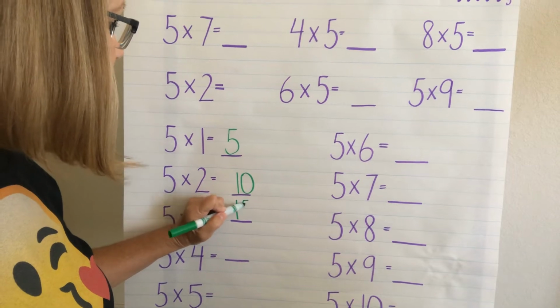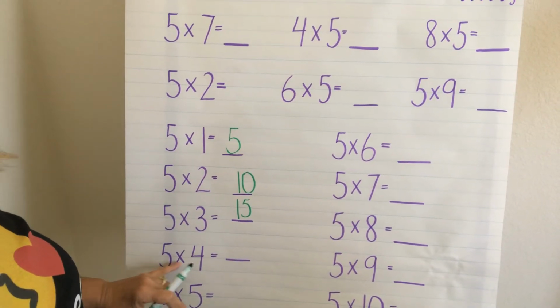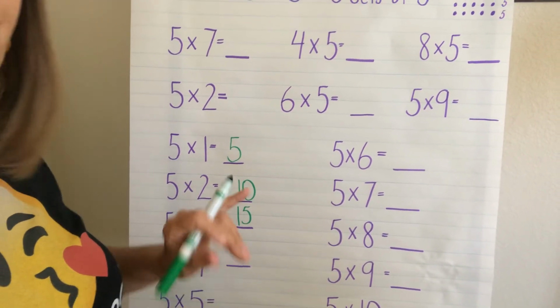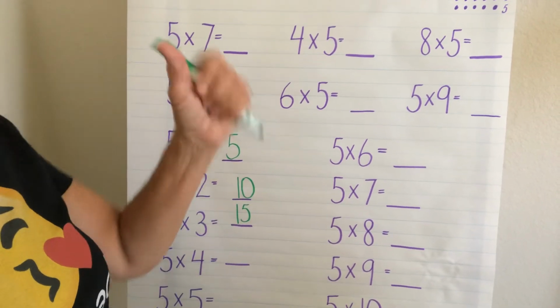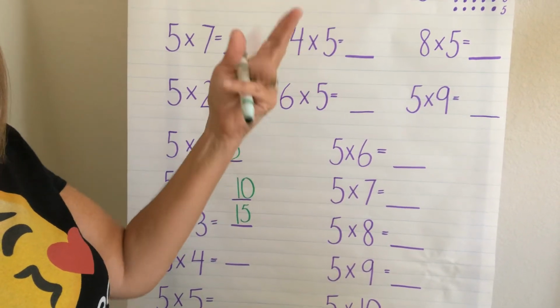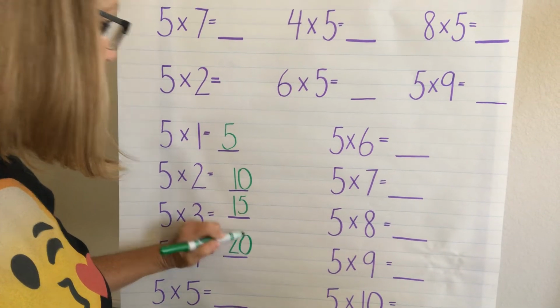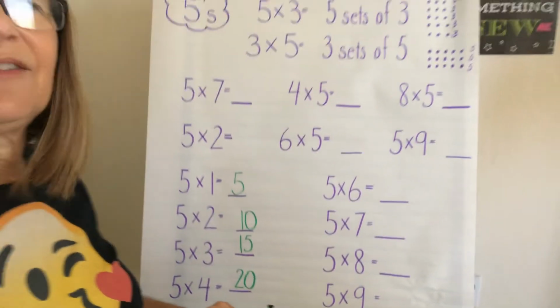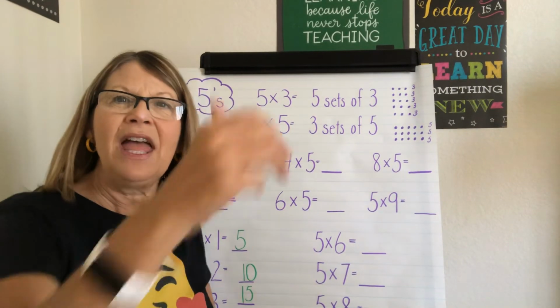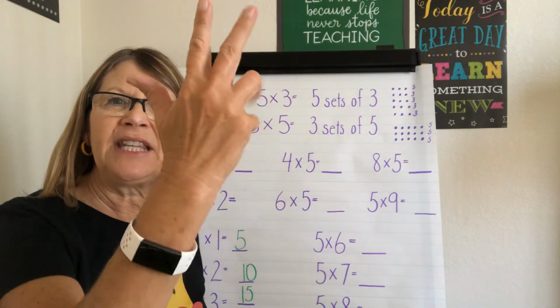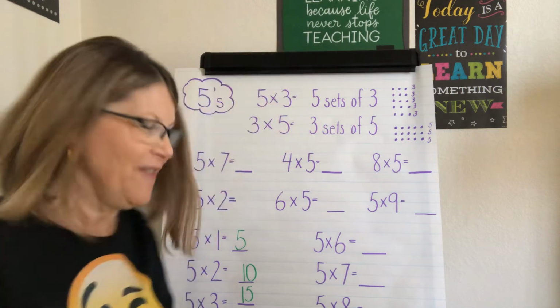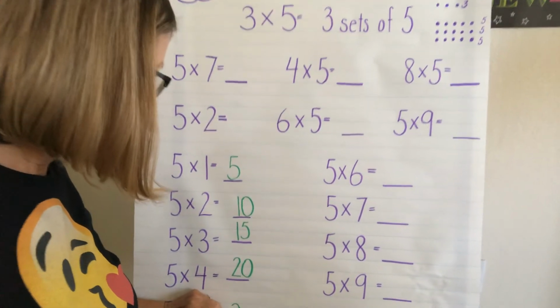So that answer is going to be 15. 5 times 4. 4 sets of 5. 5, 10, 15, 20. 5 times 5. That's going to be 5 sets of 5. 5, 10, 15, 20, 25. So 25 is that answer.